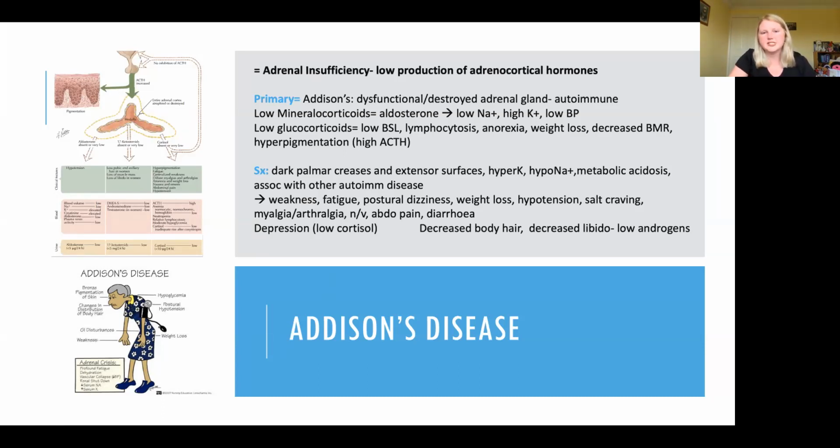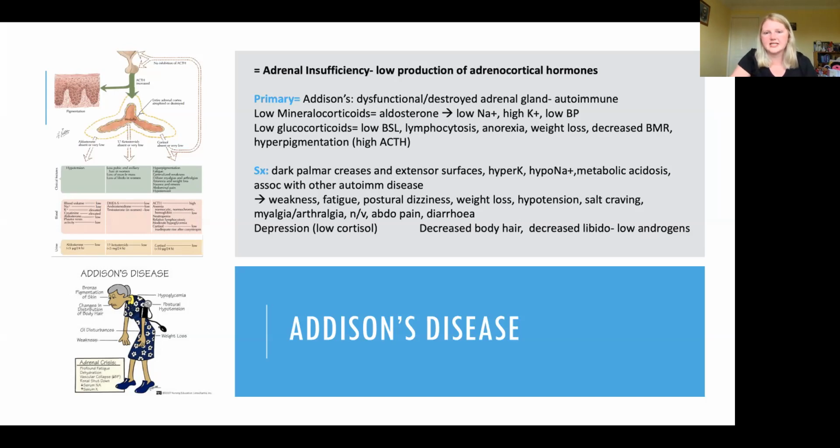The impacts are mostly seen in terms of the mineralocorticoids and the glucocorticoids, because of their important function in terms of electrolyte management and energy regulation. And so these are the most common symptoms that we do see.